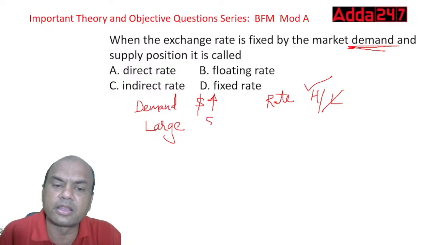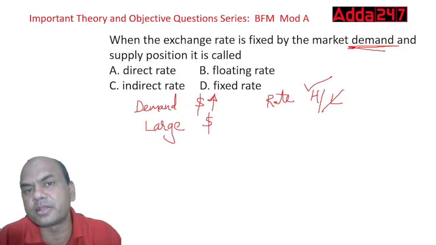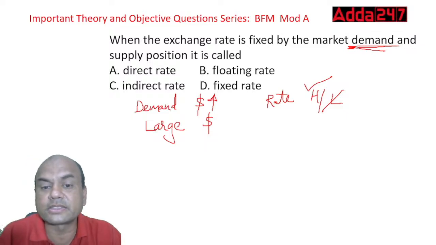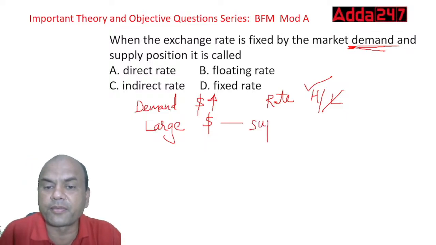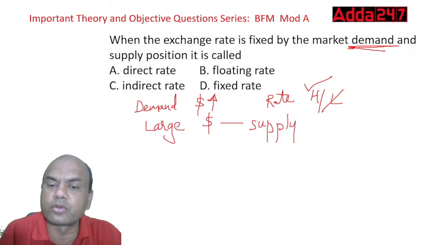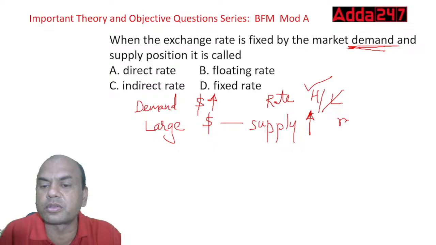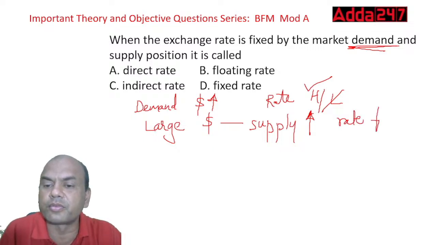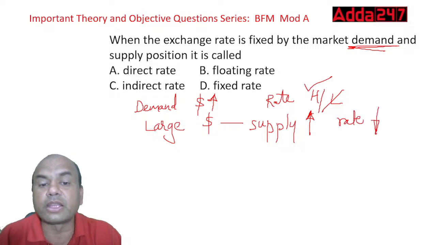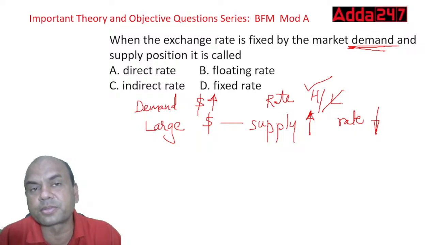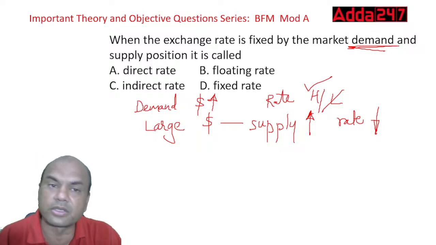Then what will happen? In that case, the supply will go up. If supply goes up, then what happens? The rate goes down. So the dollar rate will go down. So when large dollars come in, supply of dollar goes up, and the rate goes down.